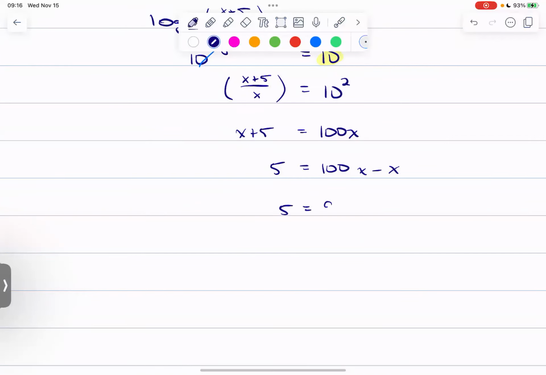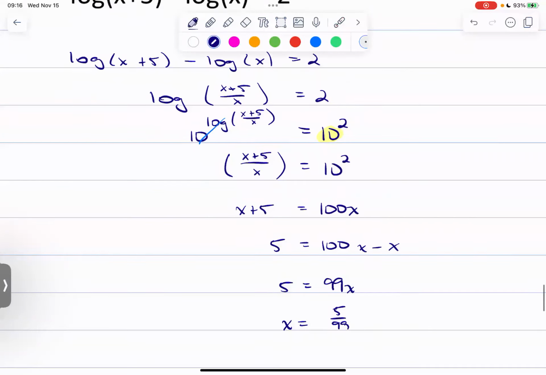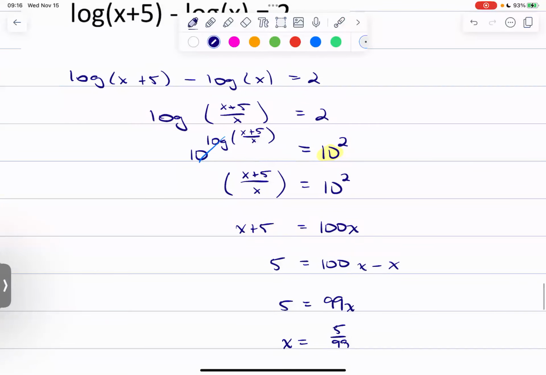So 5 is 99x. So x is 5 over 99. Which is nothing nice, but let's try it.